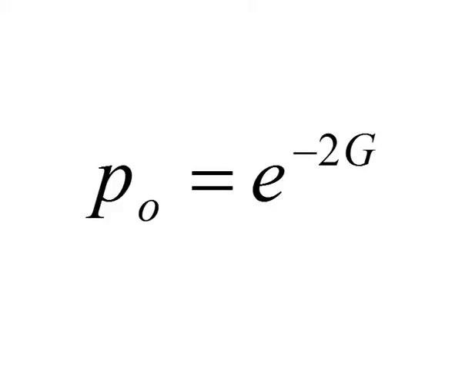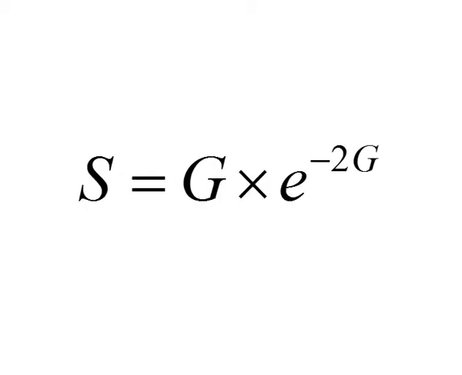S is equal to g P naught, where P naught is the probability that a packet does not suffer a collision. The probability of no other traffic being initiated during the entire vulnerable period is thus given by P naught equal to e raised to the power minus 2g. Therefore, throughput S is equal to g multiplied by e raised to the power minus 2g.